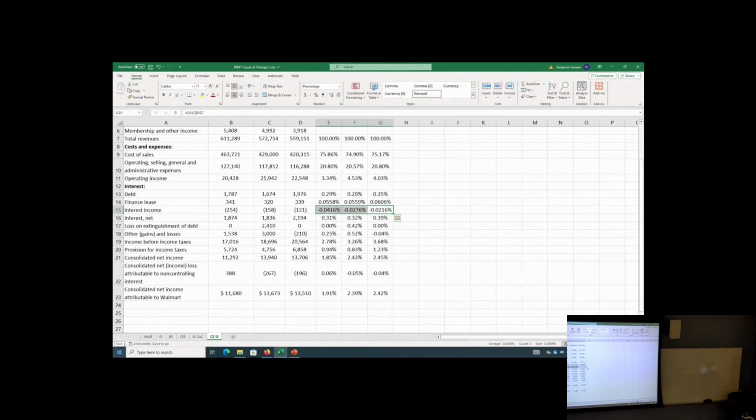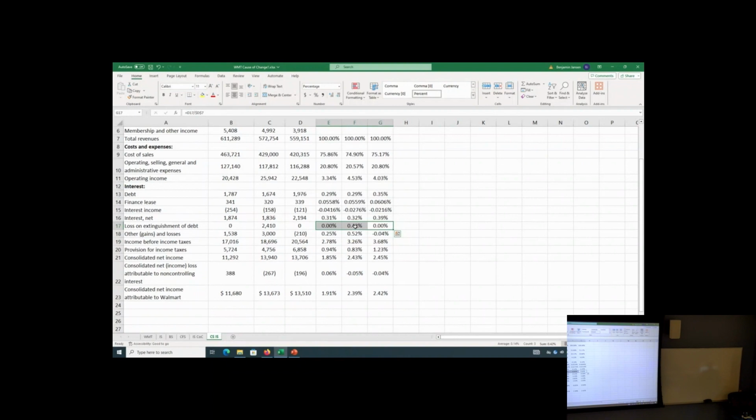Again, expand that out a little bit more so we can be sure. Looks like it's decreased over this time, reducing profits even further. All right, so our overall interest expense over this time has decreased, which is good. We don't want an onerous cost of debt that can cause significant financing constraints.